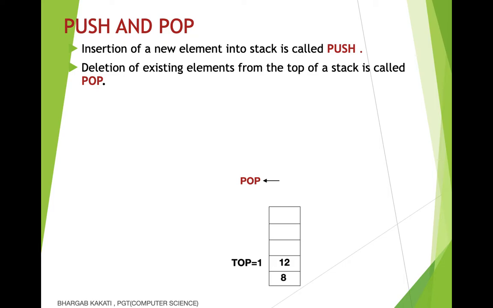So if I give the instruction of pop, then 12 will be removed from the stack. And as 12 is removed, top will be decremented by 1. So top will become top - 1. That means now top will be pointing to 0. Then again, if I give the instruction of pop, this time 8 will be removed from the stack and top will again become -1.